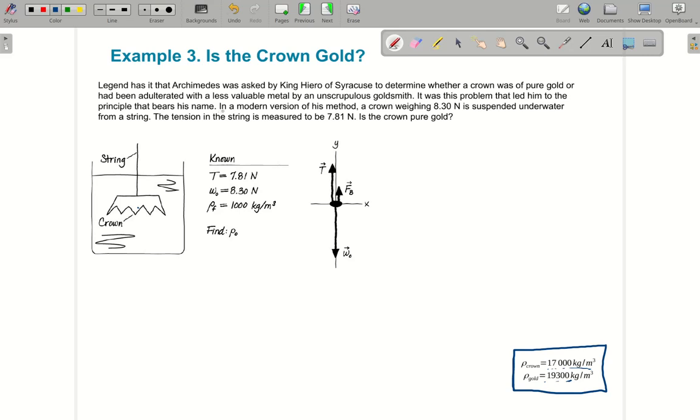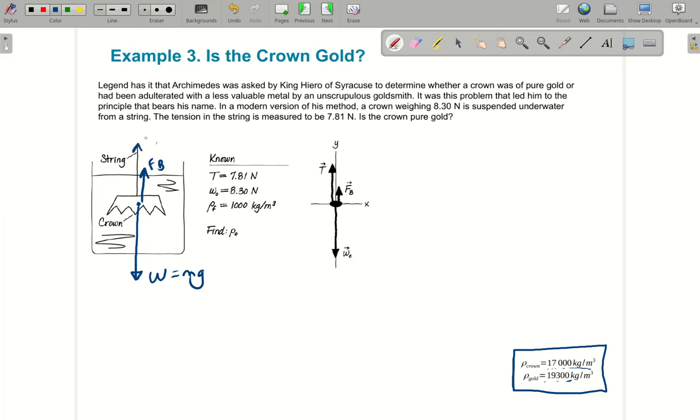Anyways, in a modern version of this method, a crown weighing 8.3 newtons is suspended underwater. So if I suspend this underwater, it will have a weight, right? Weight of the crown, mg. It will be applied a buoyancy force.